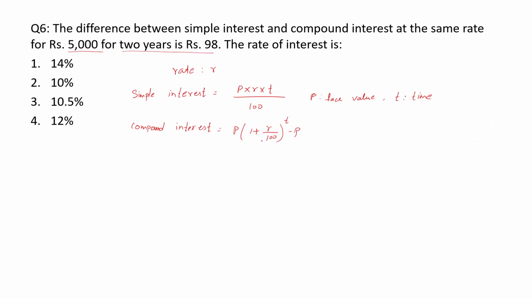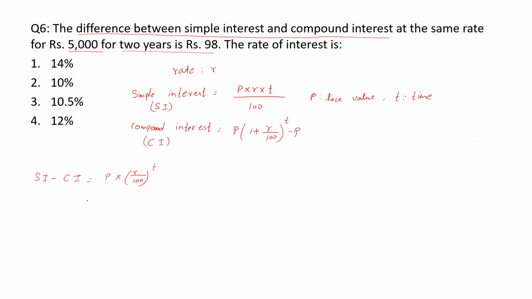I don't know whether you know how to solve this series, but I will give you the difference. Let me write simple interest as SI, compound interest as CI. So here they are asking the difference between simple interest and compound interest. So SI minus CI is equal to P into R upon 100 to the power T.